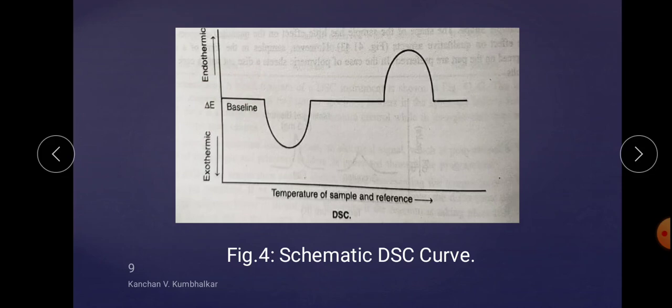So this is the typical schematic DSC curve, in which the lower curve indicates it is exothermic, and the upper curve indicates that a reaction occurred which is endothermic, where delta E is positive, and here the temperature of the sample and reference compound has been plotted.